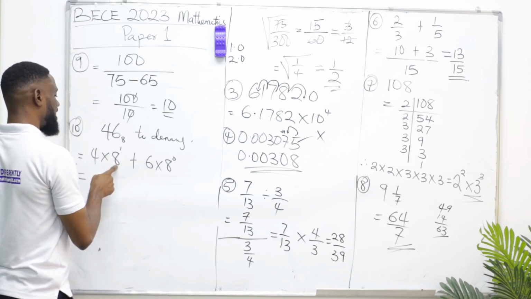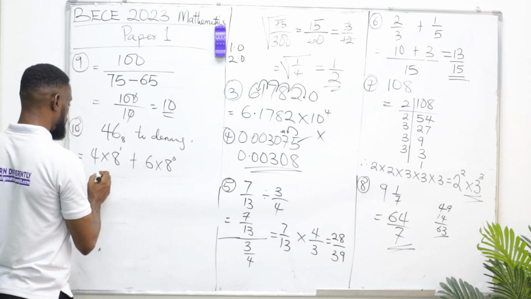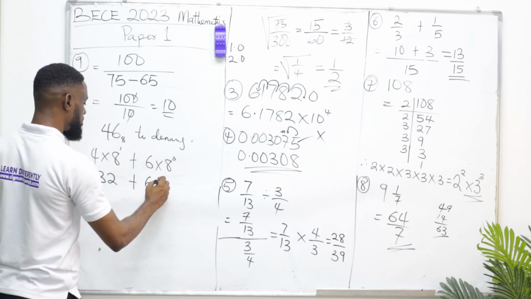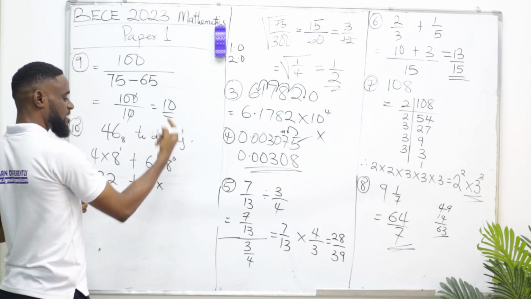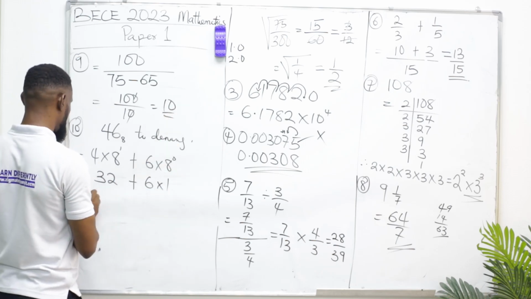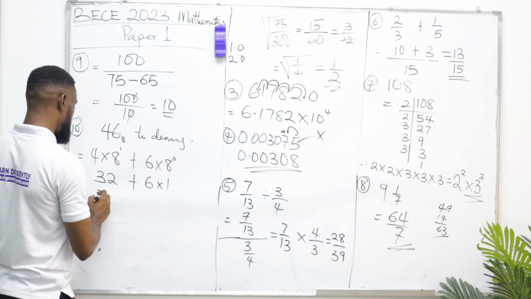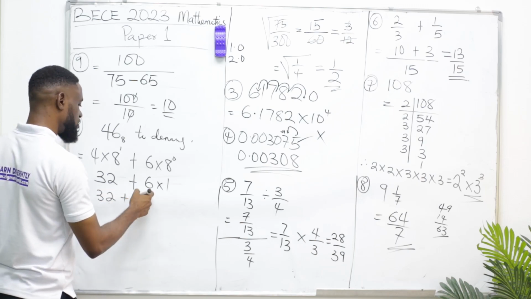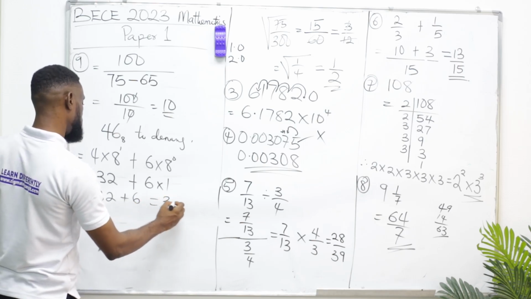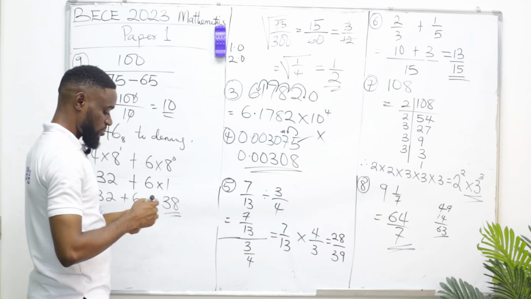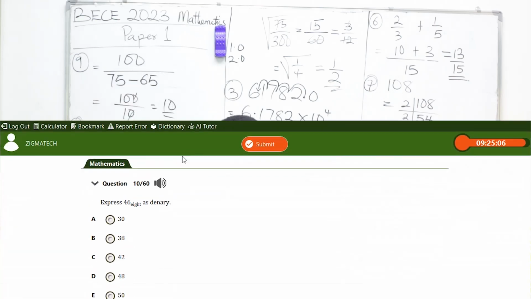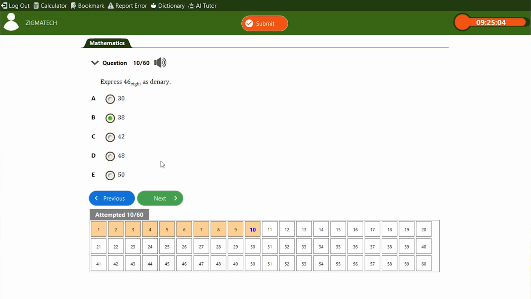So this will be 4 times 8, this is 32, plus 6 times 1, so that is 6 now. So this will now be 32 plus 6. It will give us what? 38 in base 10. Always don't forget to put that. So the correct option there is option B.